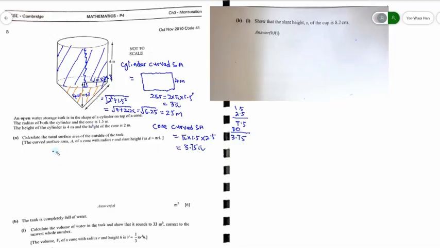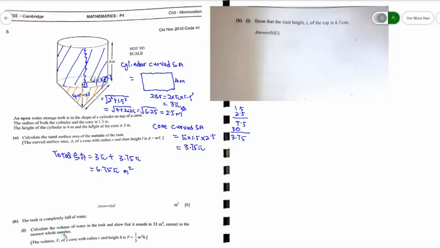Now if you want the total surface area, we take this 3 pi plus this 3.75 pi. You add them together, you get 6.75 pi. Convert the pi into a decimal number, and then give your answer here. Remember, this is meter squared.